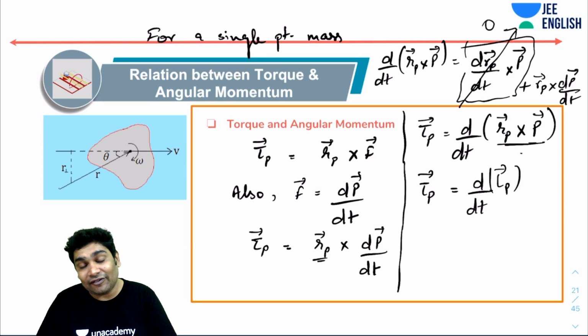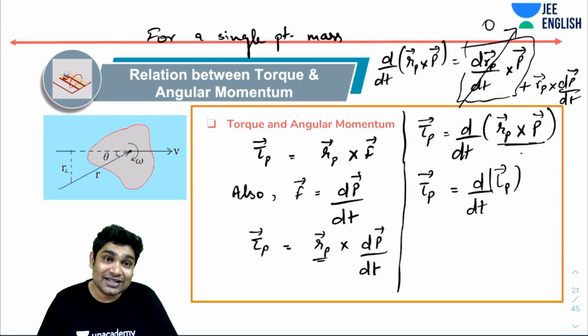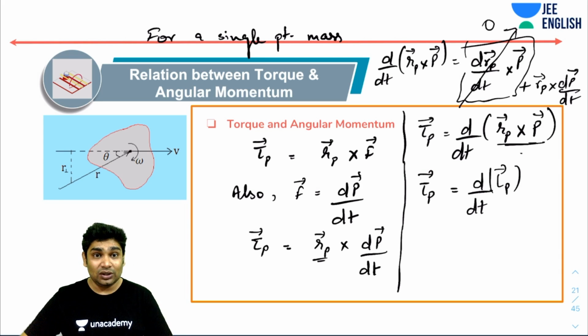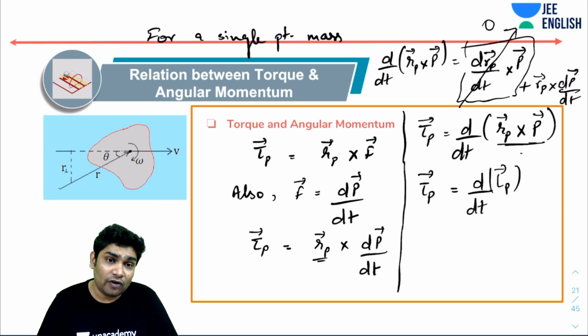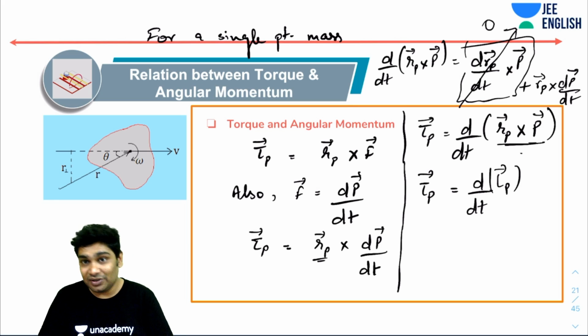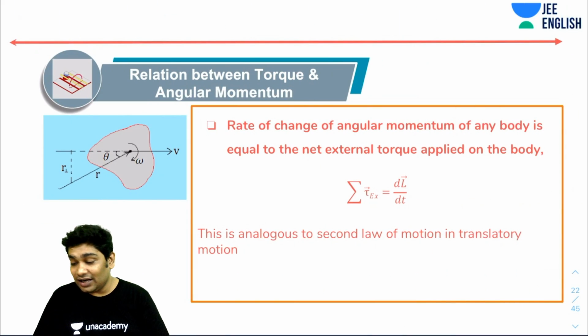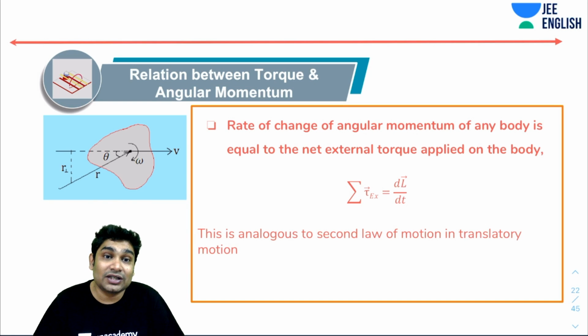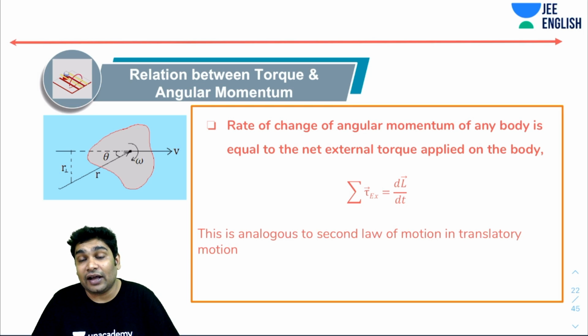Now for a system of particles, when you add all these torques, the summation of all the torques would be equal to d by dt of the summation of all the angular momentums of all the particles of the system. So this is for a point mass, and for an entire system of particles also, this is the result you would have gotten. Okay, that the rate of change of angular momentum for any body is equal to the net external torque applied.